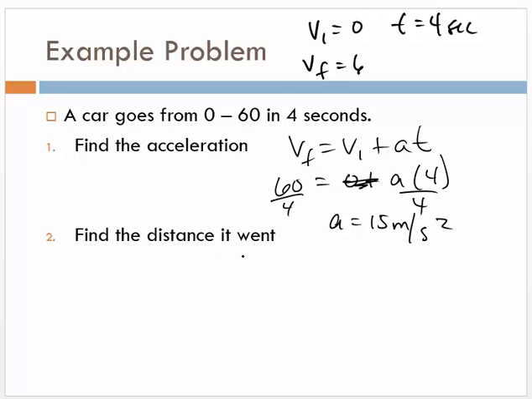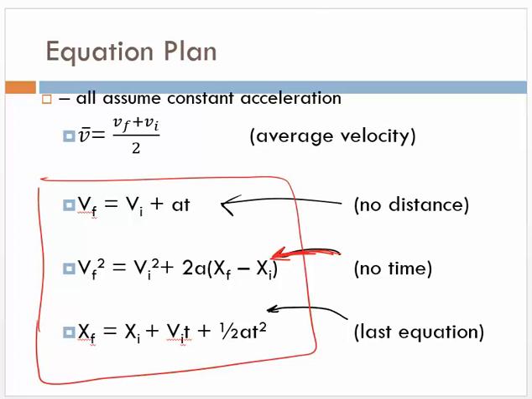All right. Find the distance it went. Go back to your kinematic equations. The top one doesn't have distance. The next one doesn't use time. Notice that distance is in this one and in this one. What it comes down to now is, do I have time?